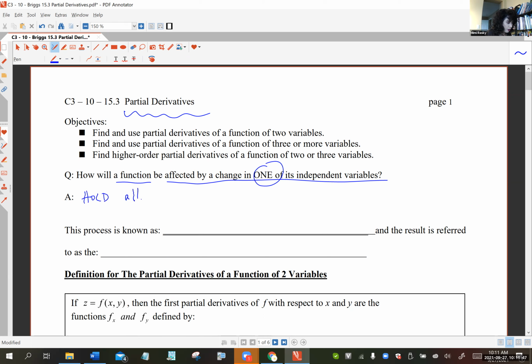You're going to hold all variables constant except one, the one that you're interested in looking at, and then vary that one and examine the results.